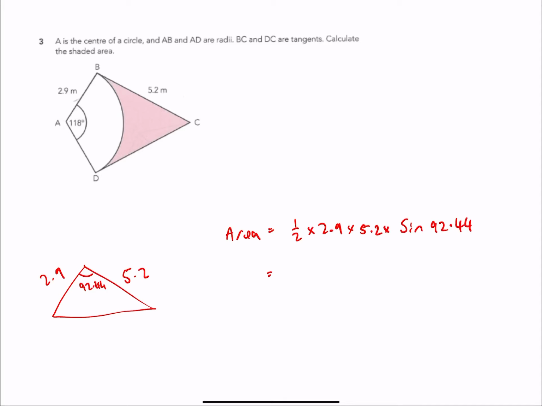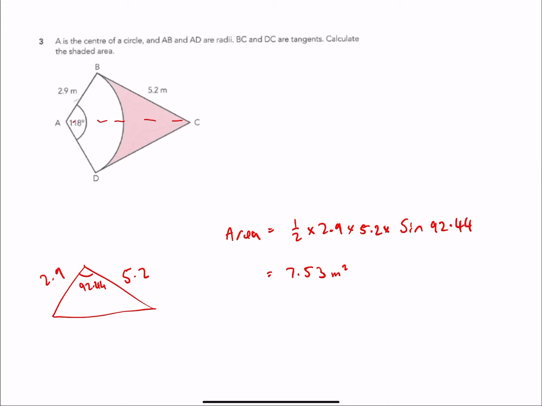On the calculator, that is 7.53 meters squared. So that would have been half of the overall kite shape.